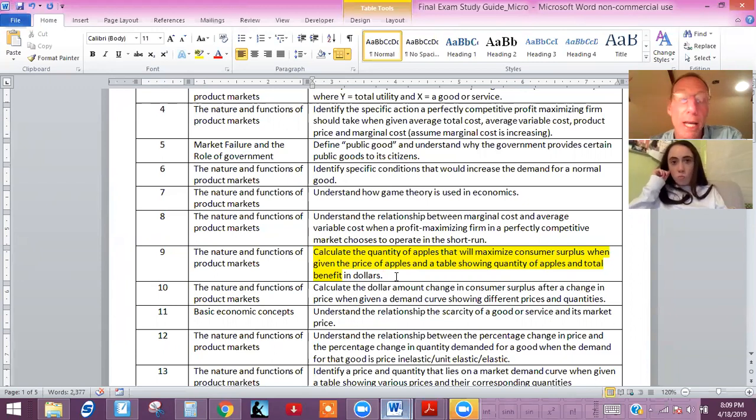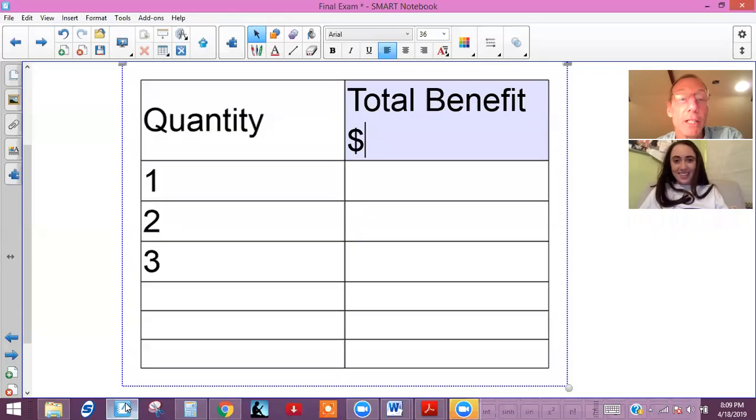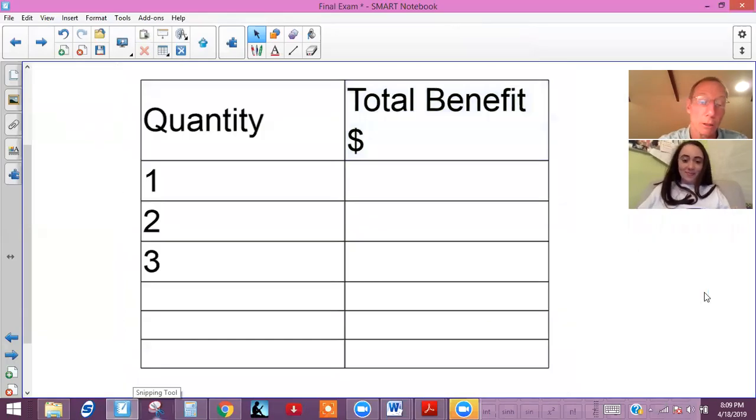So let's just say, to make this simple, and I don't want to use apples because that's what they use on the actual exams, I'm going to use pears, okay? It doesn't matter. Let's say the pears cost $1.